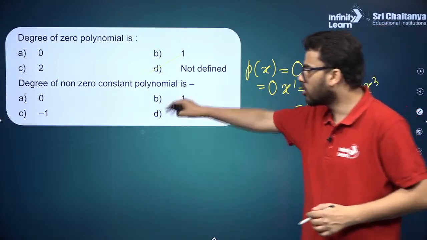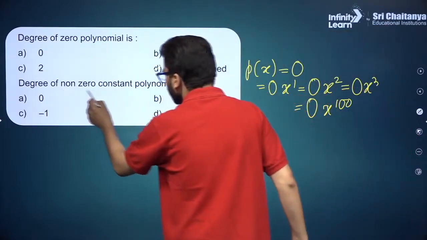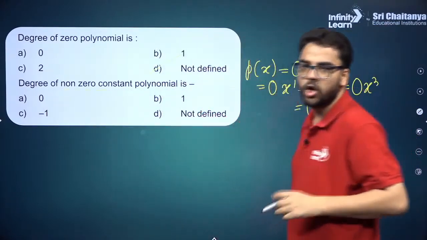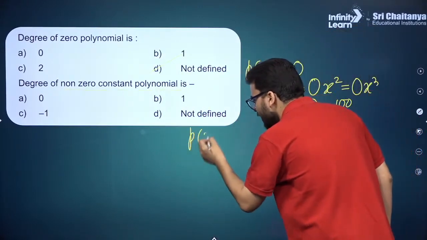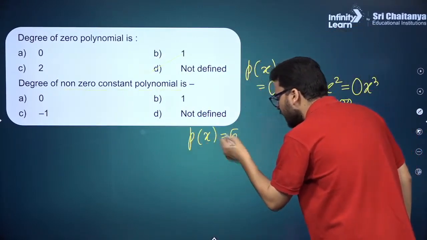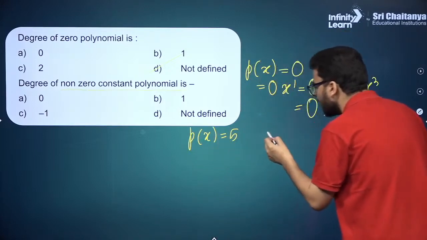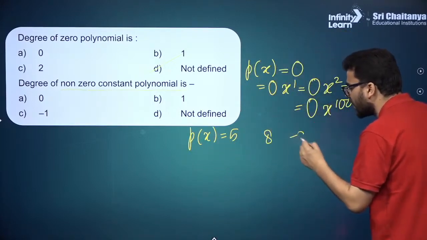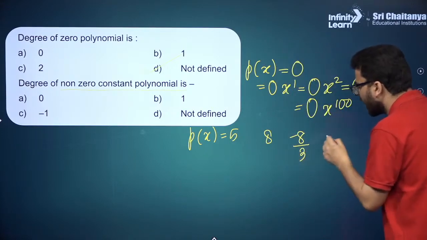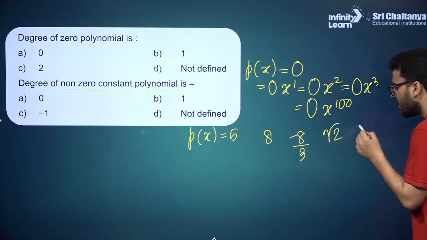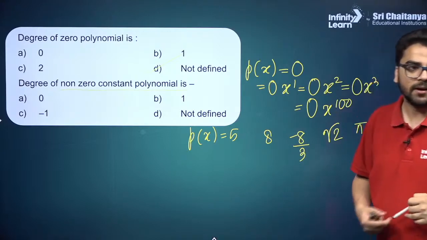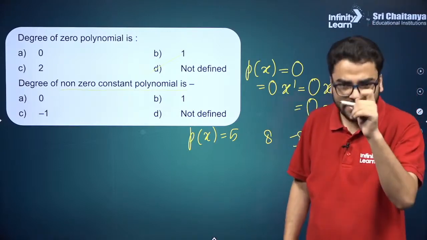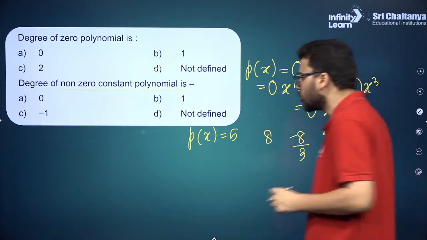Now the second part over here, degree of a non-zero constant polynomial. Non-zero constant means the polynomial can be anything like this. Suppose it is 5. You can take any non-zero number, minus 8 by 3, root 2, pi. So these are all polynomials. Degree of the non-zero constant polynomial is 0.